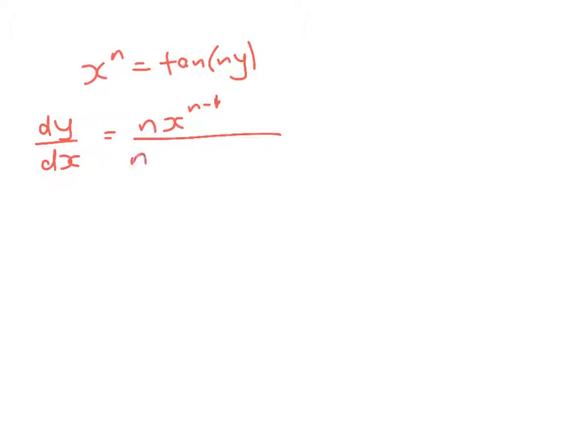Okay, so we've got x to the power of n is equal to tan of ny, but my derivative is dy by dx is equal to n x to the n minus 1 over n sec squared ny. If we think back to the first trig identity that we learn in level 2 or 3, it's the Pythagoras identity.